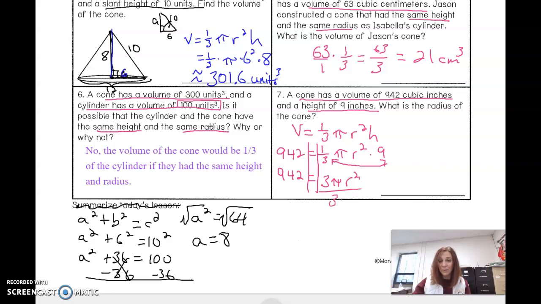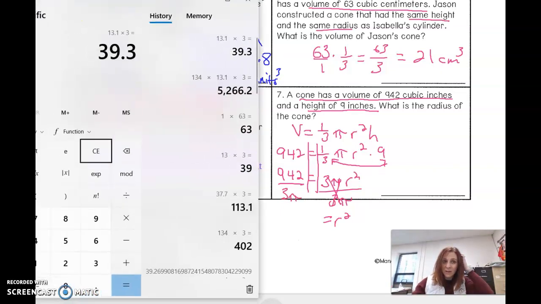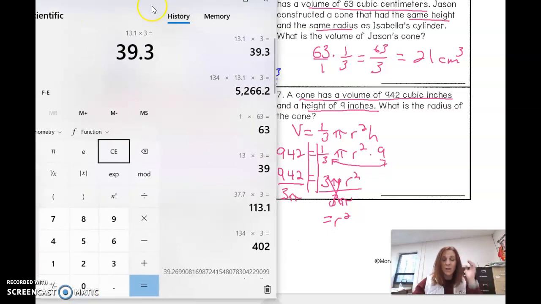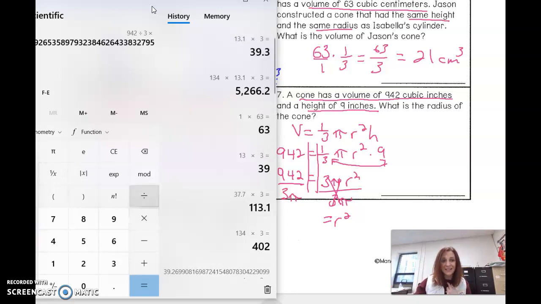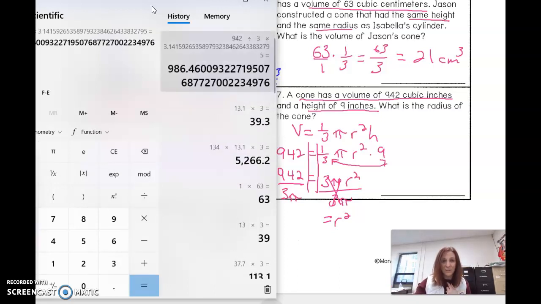Now I can divide both sides by 3 times pi. Be careful when you do this. When you type in your calculator, don't put 942 divided by 3 times pi, because if you look here, it divided by 3, then multiplied the whole thing by pi.